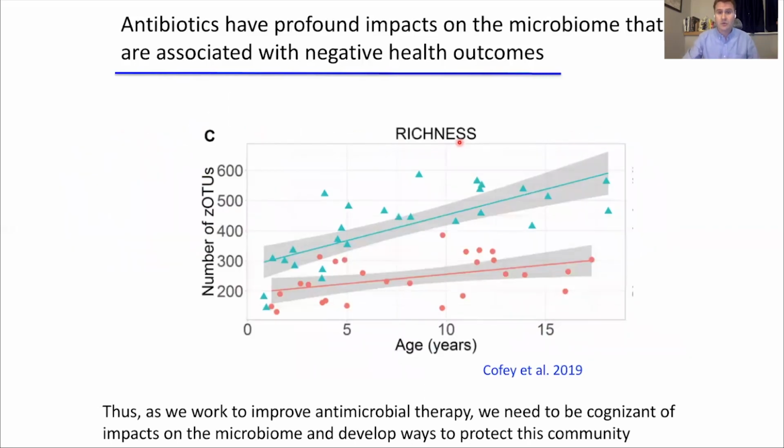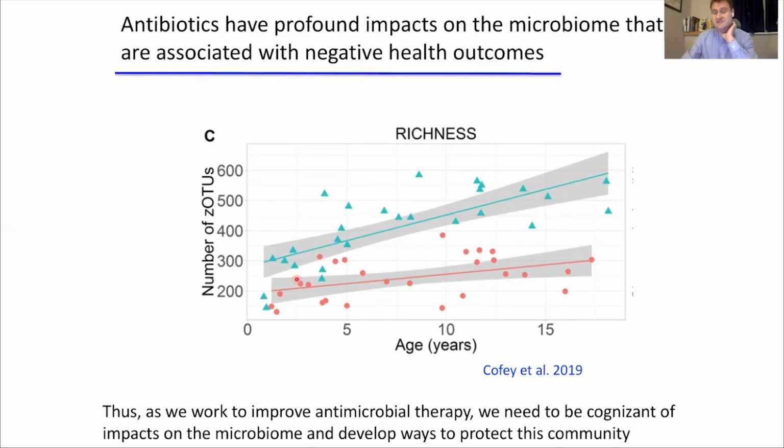This is a paper where they looked at a group of healthy adolescents in green, and CF patients, who are obviously given multiple rounds of antibiotics, in red. As you can see, as time goes on, the diversity in their microbiome significantly deviates from the healthy cohort.